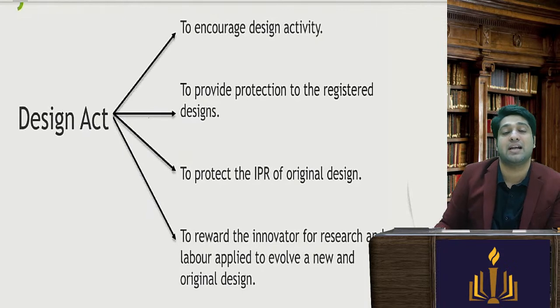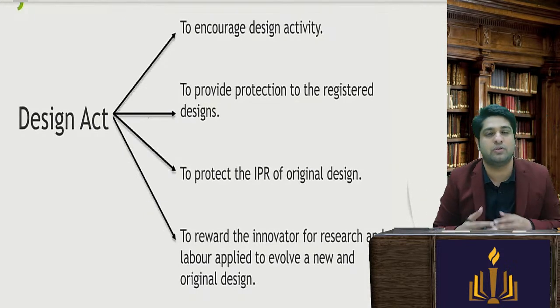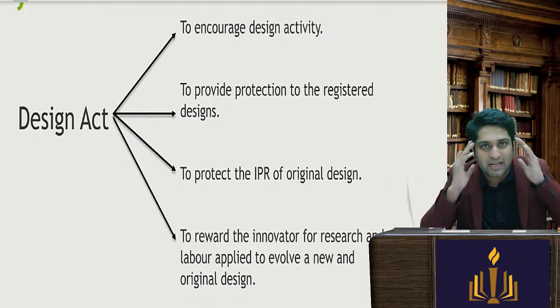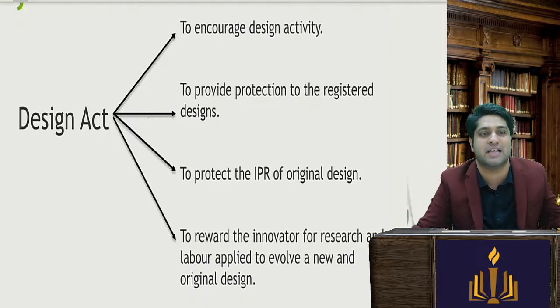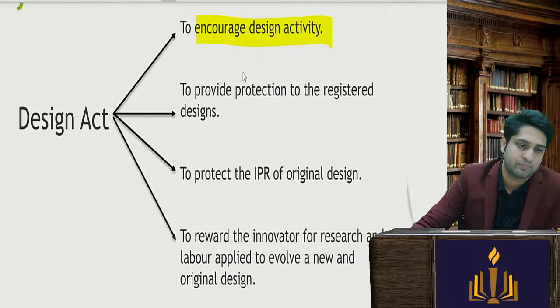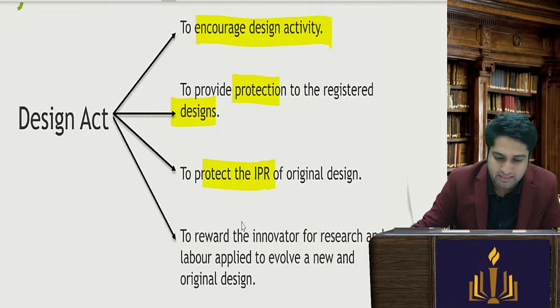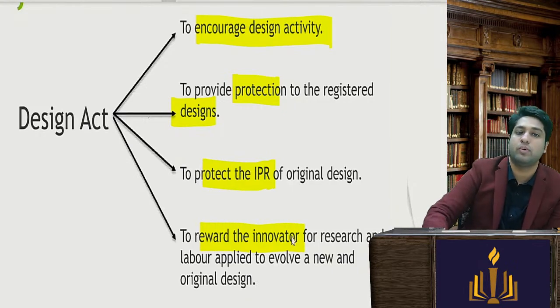When designers are protected and can monopolize and commercialize their intellectual process of creating a design, this encourages design creativity. It provides protection to the designs, protects the intellectual property, and also rewards the innovator.